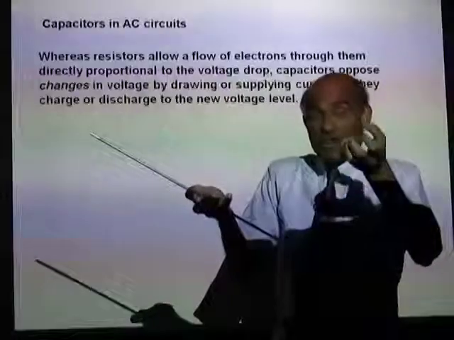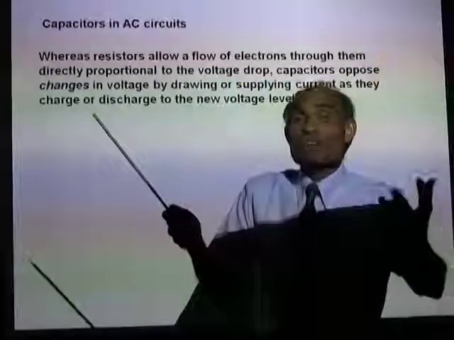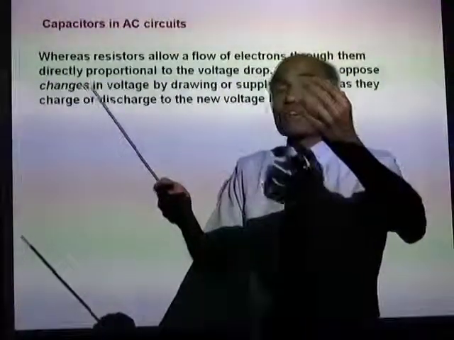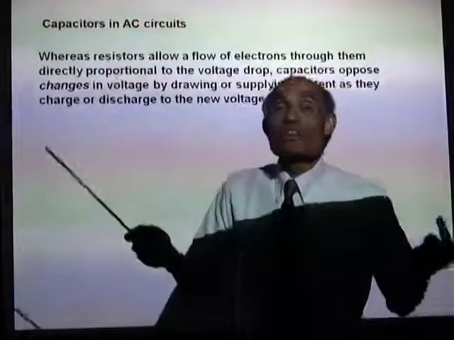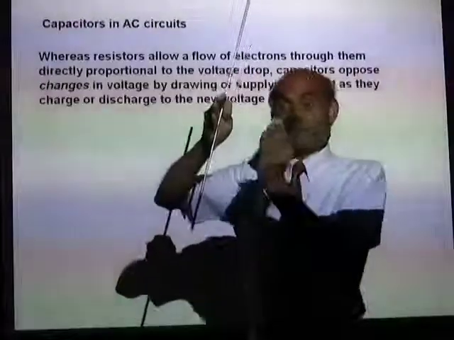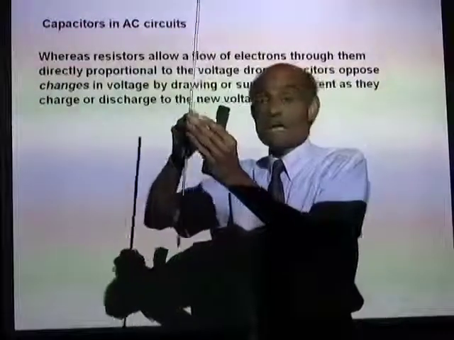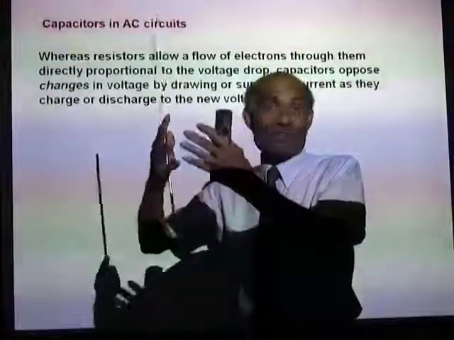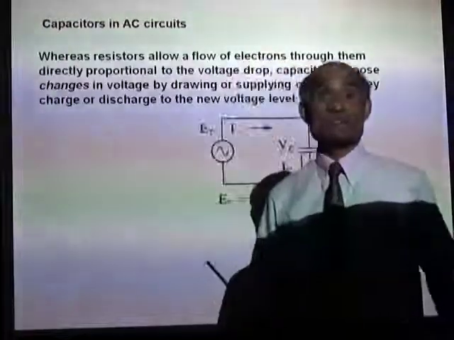As they get charged, the potential difference across the capacitor changes, and the current flows only when the potential difference changes. When the capacitor is fully charged, it has a constant potential. There will be no current flowing in the capacitor.